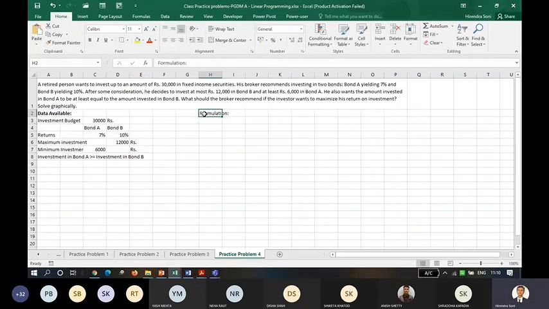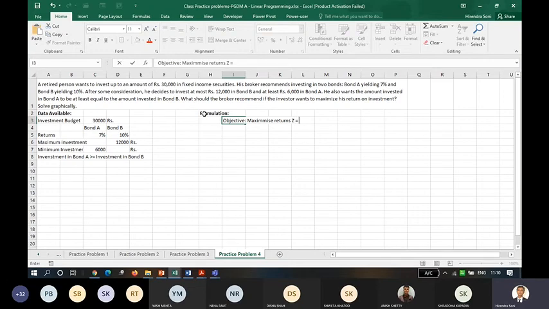LPP formulation. My पहला objective function क्या रहेगा? Maximize returns, है ना?